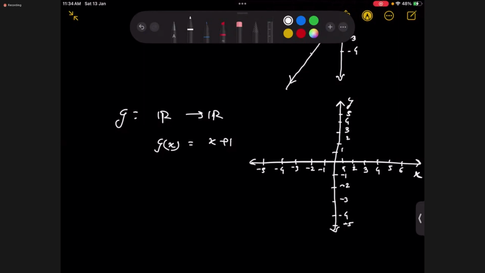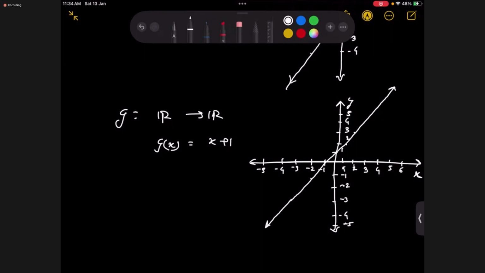Whenever x equals 1, y must be 2. For x equals 2, y is 3. For x equals 0, y is 1. For x equals minus 1, y is 0. For x equals minus 2, y is minus 1. So the line will be like this.